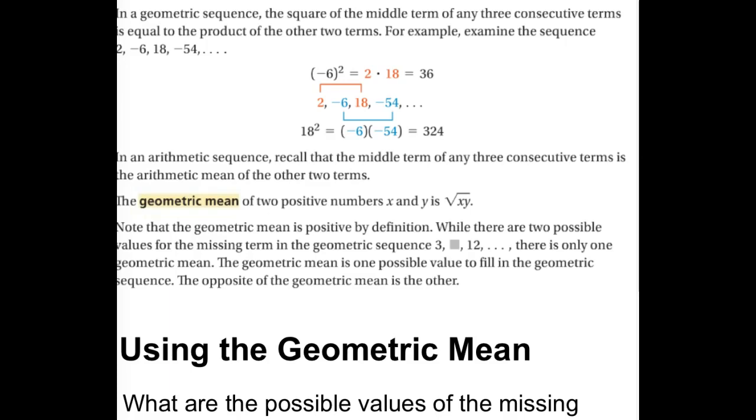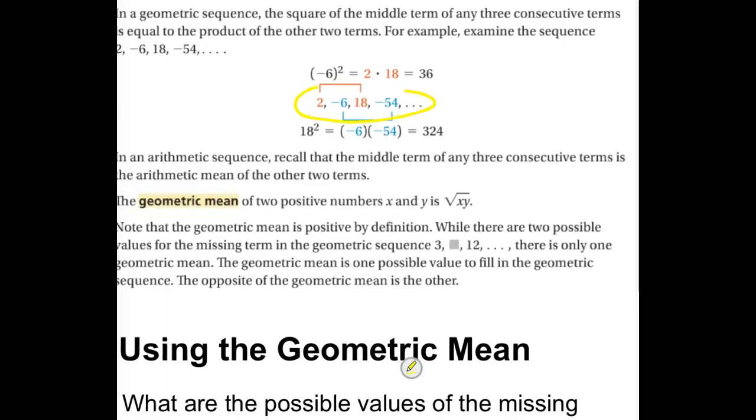So if we look at this sequence right here, 2, -6, 18, -54. To find a number in between the other two, you multiply the two together and square root it. Okay? Another way of saying that, if I take this middle number, -6, and square it, that's the same answer as the product of the two numbers on either side of it.